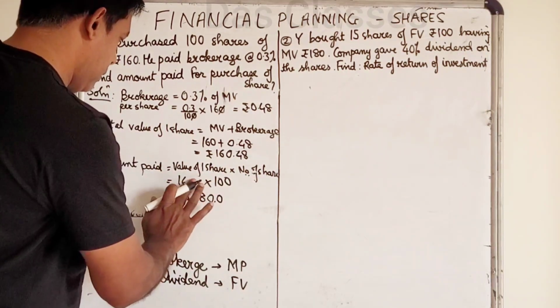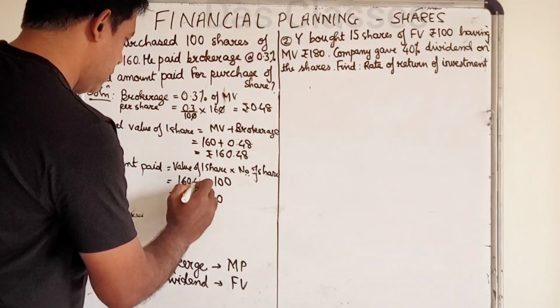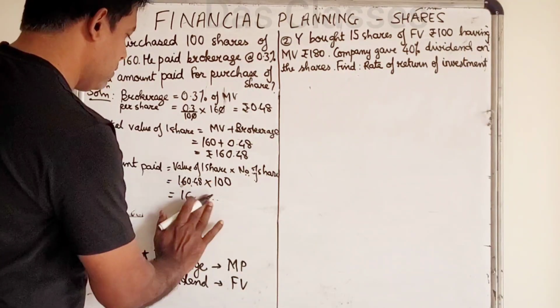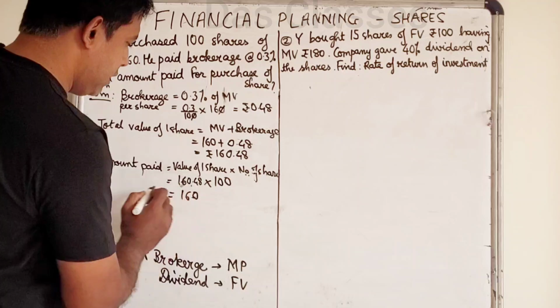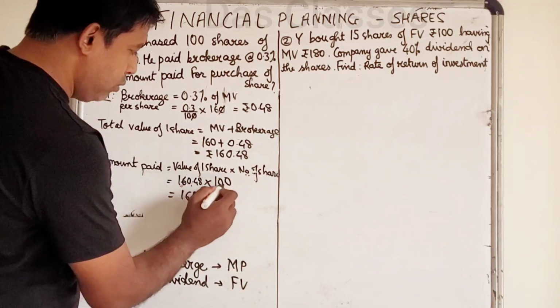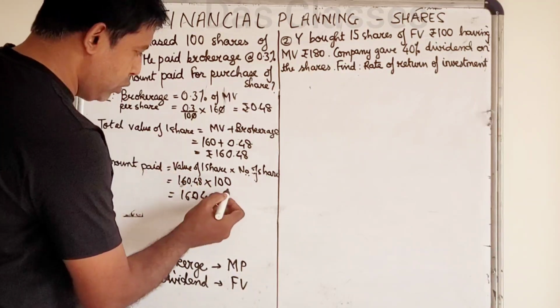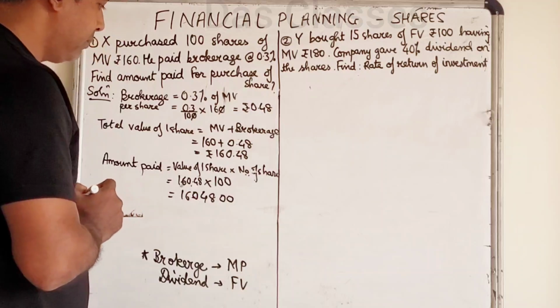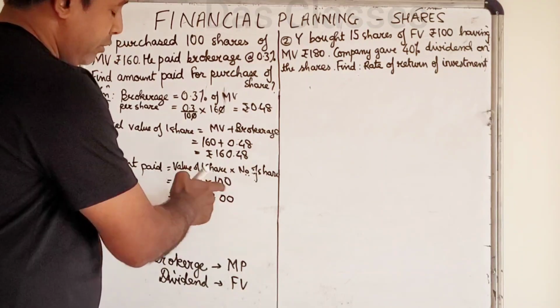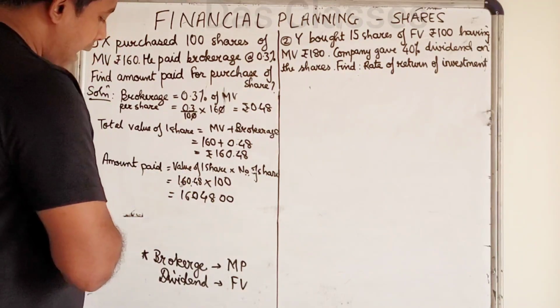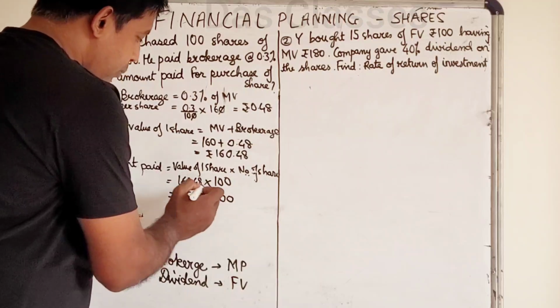So 160.48 into 100. Just write down that value, 16048, and you have two zeros, 100, so multiply by 100, so two zeros. If it was 10, we would have added one zero, and so now after two decimals you have to put the point.